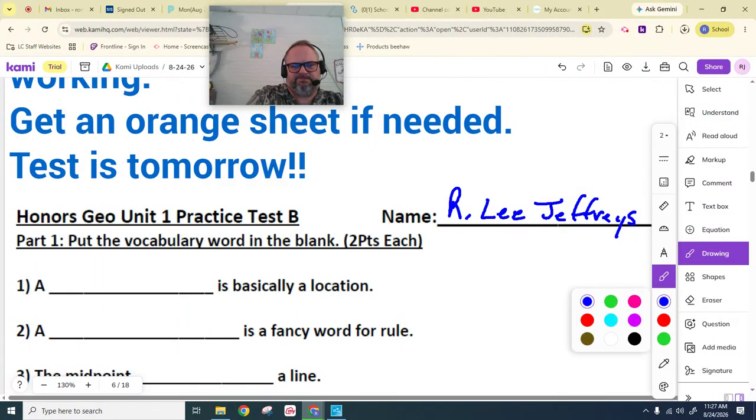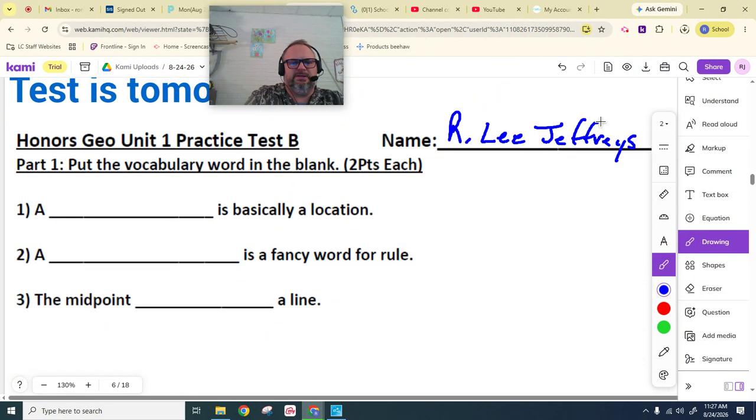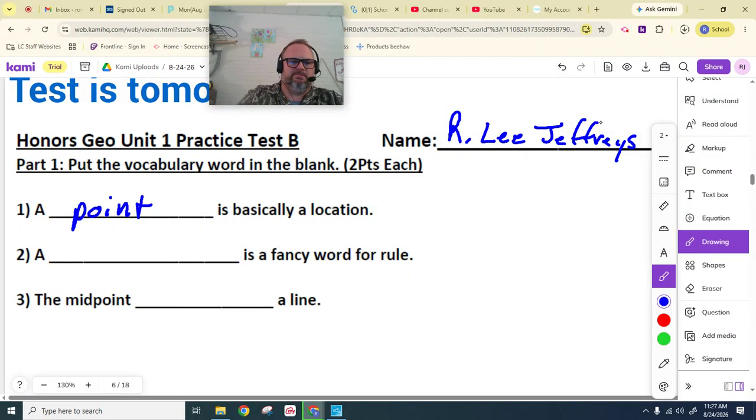So, vocabulary. A blank is basically a location. Point. Number 2, a blank is a fancy word for rule. Postulate.